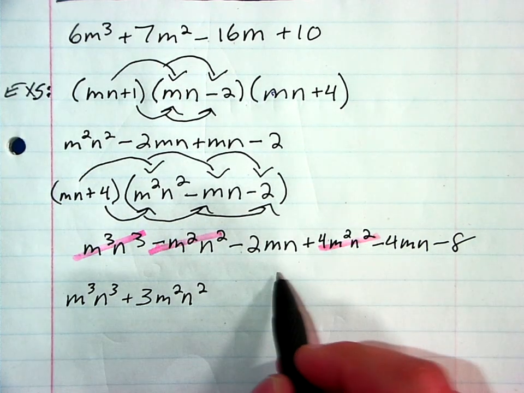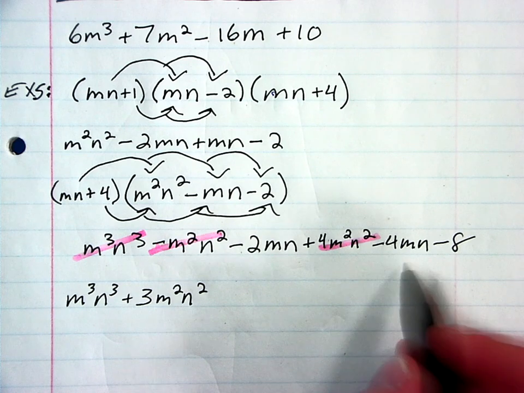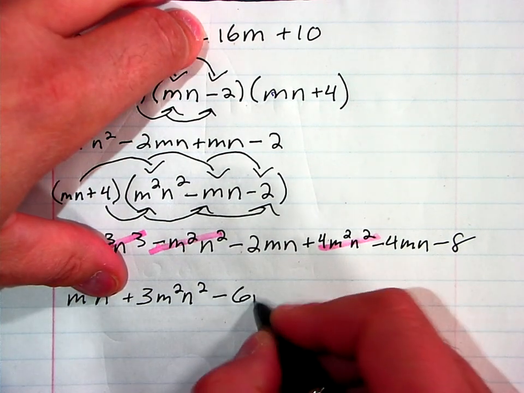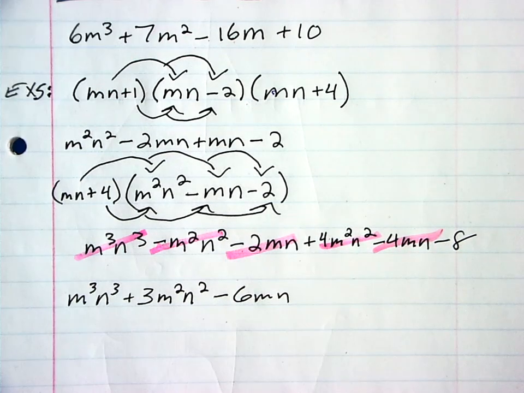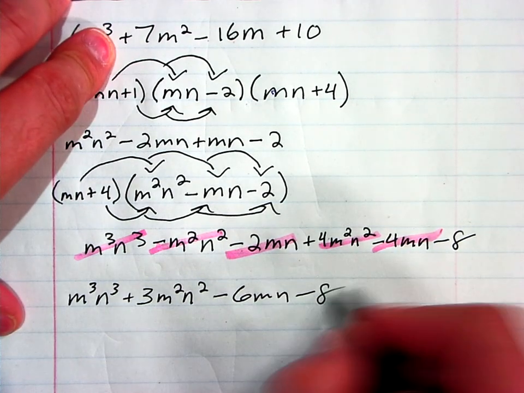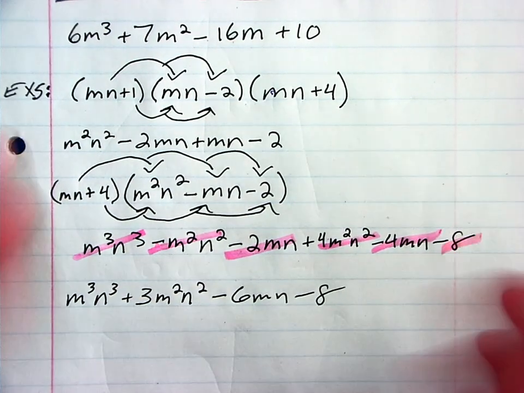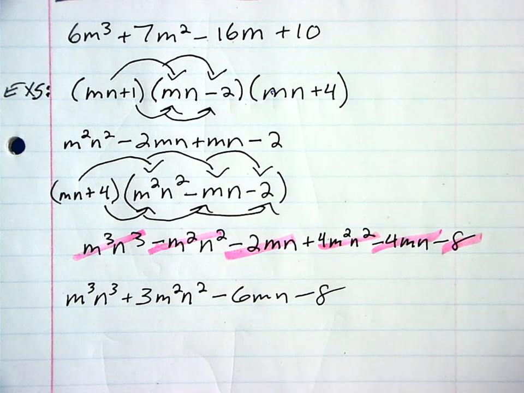Negative 2mn minus 4mn is negative 6mn, and then the negative 8 has nobody to combine with, so he just drops down. Yep. Not real difficult, just kind of lengthy.